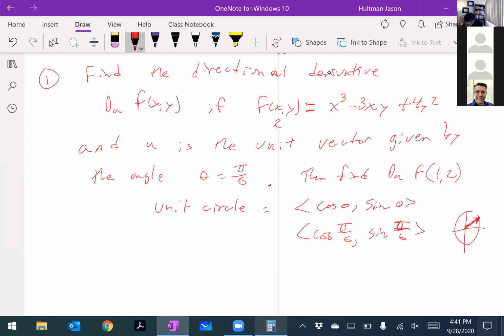That would be a unit of 1, right? If I'm out here at radical 3 over 2 comma 1/2, so what this really is is radical 3 over 2 comma 1/2. Well, that's kind of cool. So let's find the directional derivative.